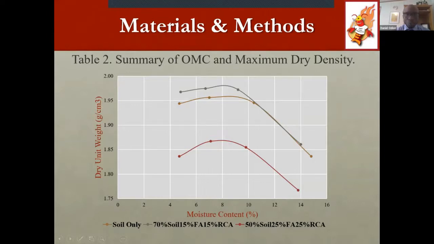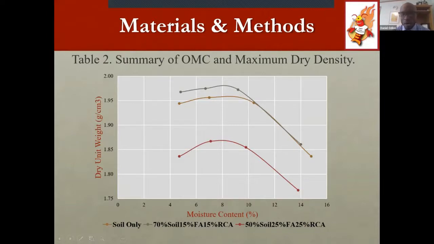The first one depicts the soil only, and when we increase by 15% RCA and fly ash, our maximum dry density increases. But interestingly, when we increase further to 25% fly ash and 25% RCA, as you can see on the screen, our dry density decreases.